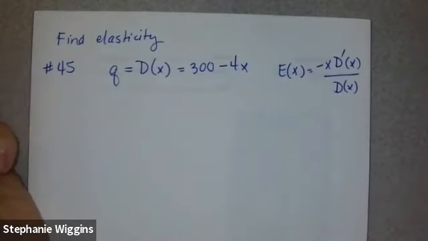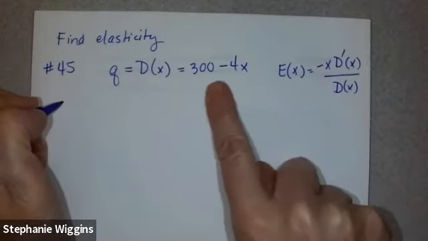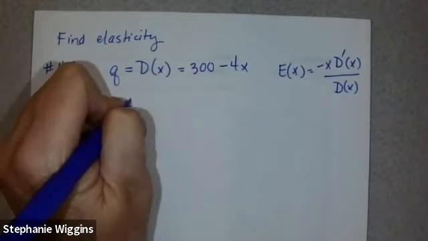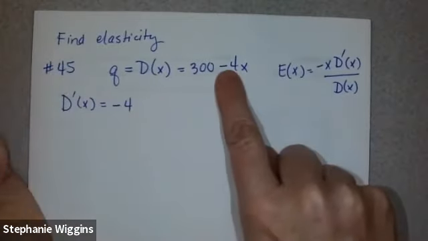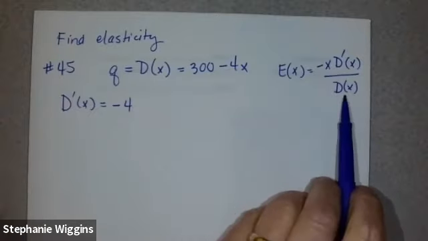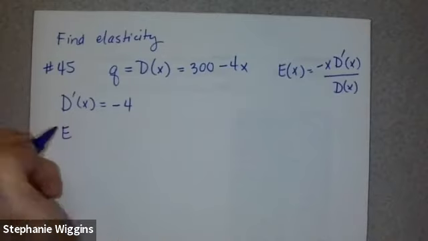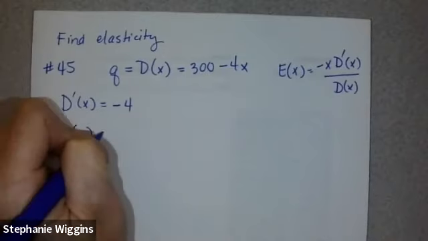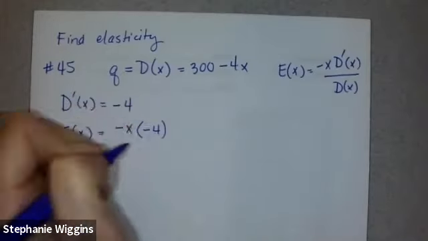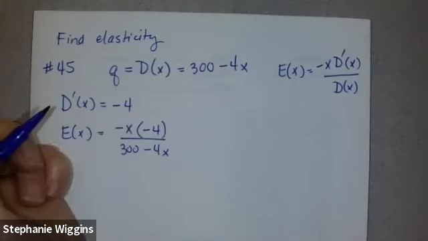So when it says find the elasticity, you're just going to take the derivative. So D prime of x is -4 because this is a linear function and the slope is -4. And you're just going to plug that in along with your original function into the formula. And so you get E of x is equal to minus x times -4 over 300 minus 4x.